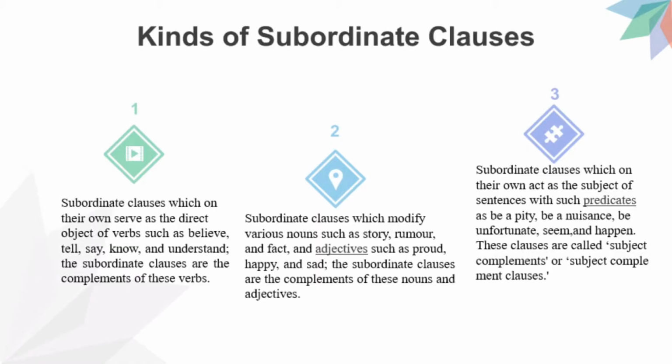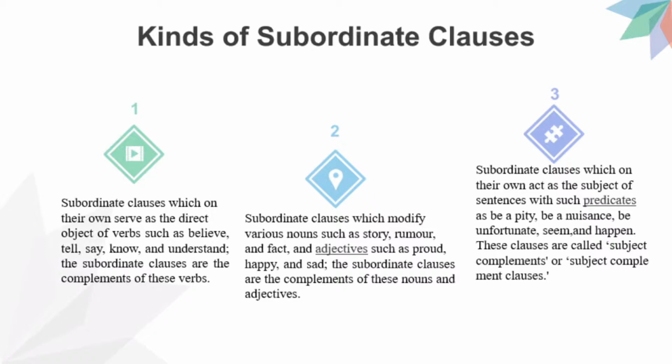Kinds of subordinate clause. 1. Subordinate clause which on their own serves as direct object of verbs such as believe, tell, say, know, and understand. The subordinate clause is the complement of this verb. 2.